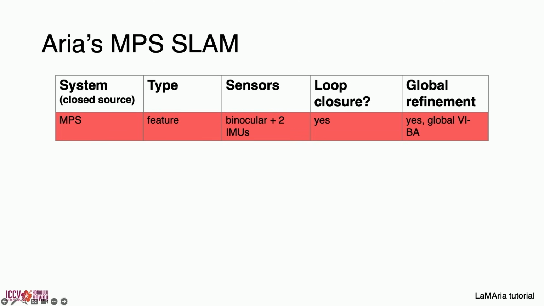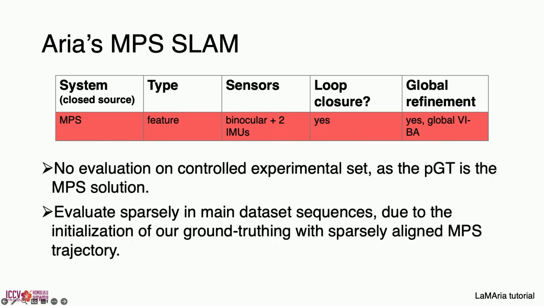Apart from that, Aria SLAM, I've kept it very brief since we had a great first hour discussing Aria SLAM in detail. Some important things about the evaluation are that we don't evaluate Aria SLAM on the controlled experimental set. This is because our pseudo ground truth is directly the MPS solution.